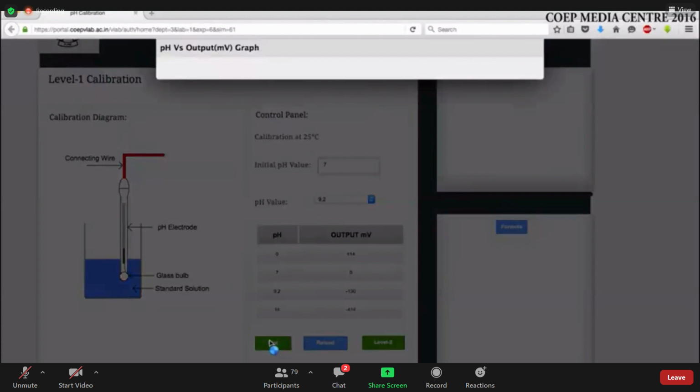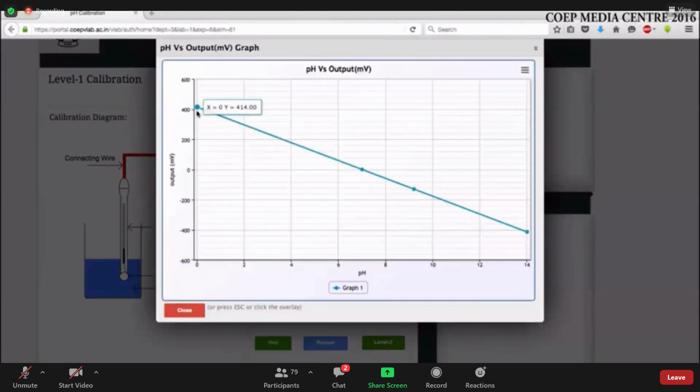Now if you see the graph, you will find at 0 pH 414 millivolt and minus 414 millivolt at 14, and at 14 pH minus 414.